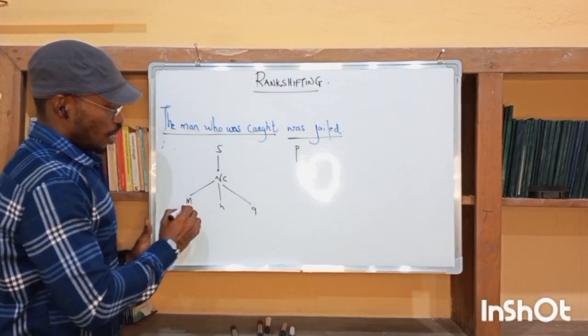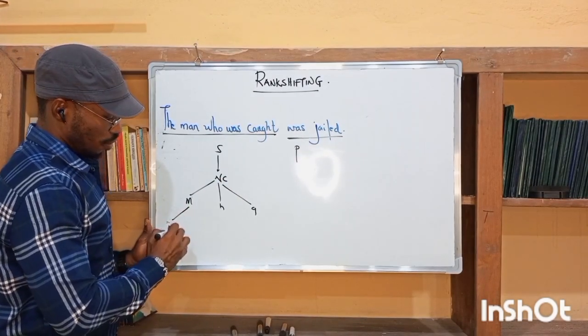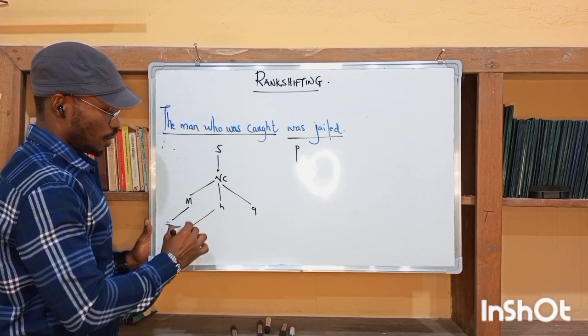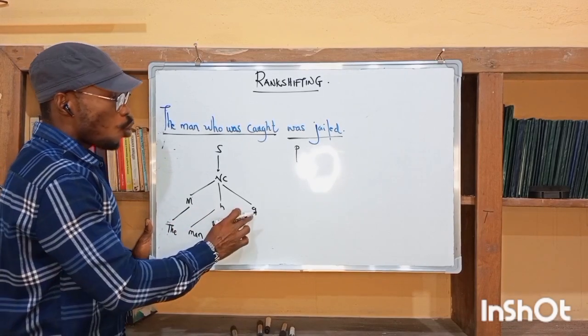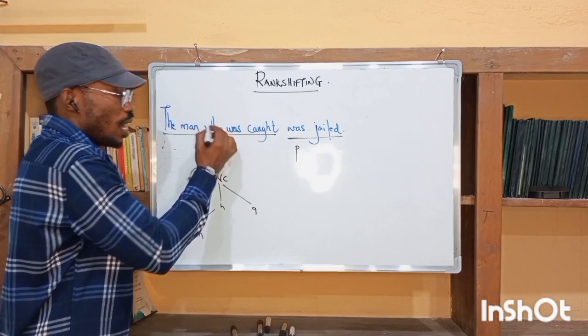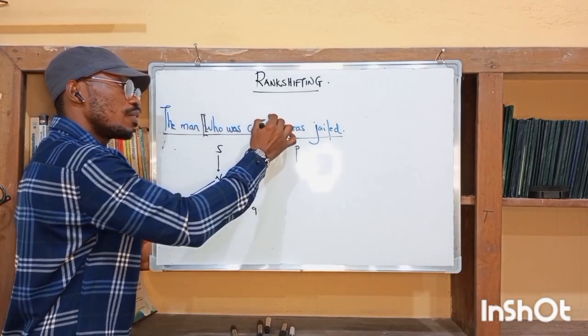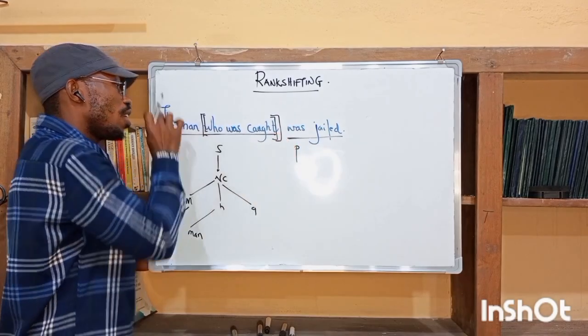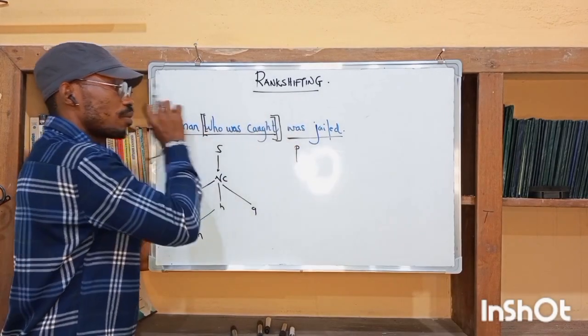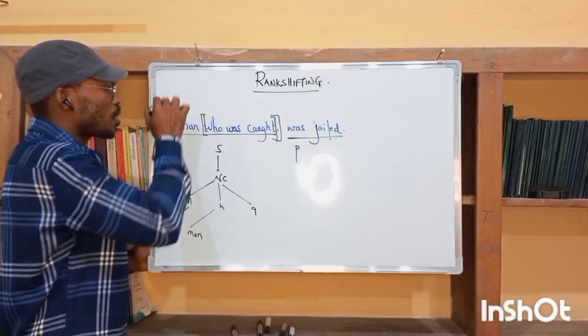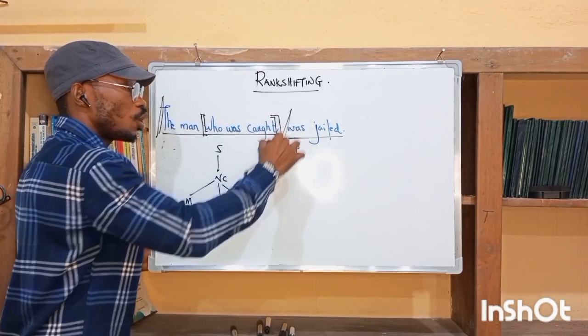Observe this. Now your modifier here is the, the head word becomes man. Who was caught? Who was caught is a clause functioning within the nominal clause. A clause functioning within the nominal clause.